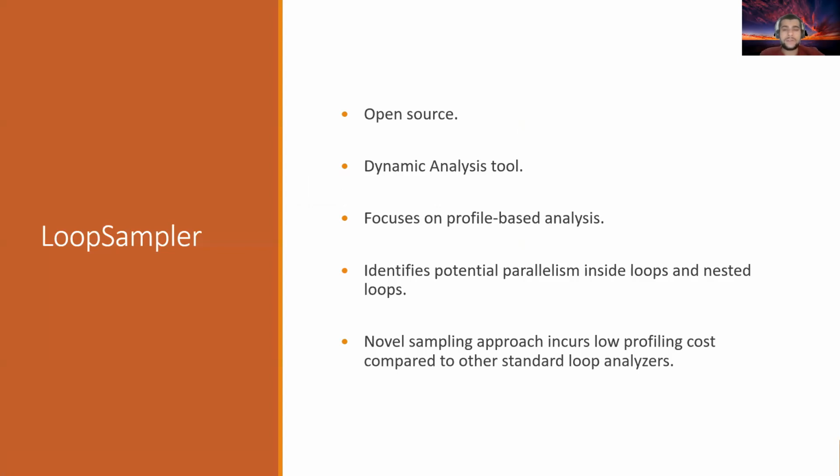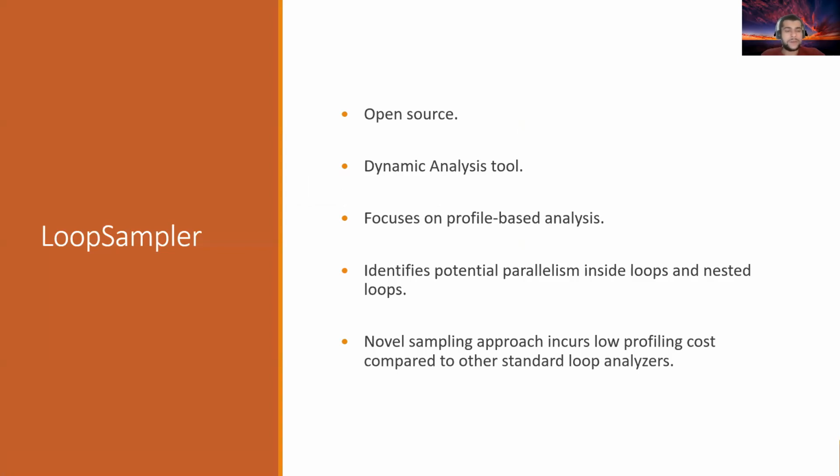Okay, so Loop Sampler, this is an open source dynamic analysis tool. It focuses on profile-based analysis, and then it identifies potential parallelism inside loops and nested loops. It has a novel sampling approach which reduces the profiling cost compared to other standard loop analyzers.